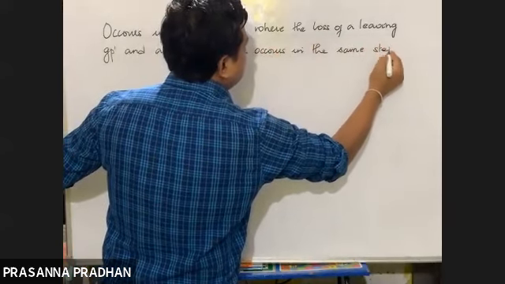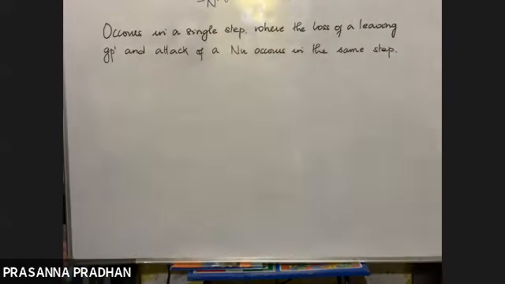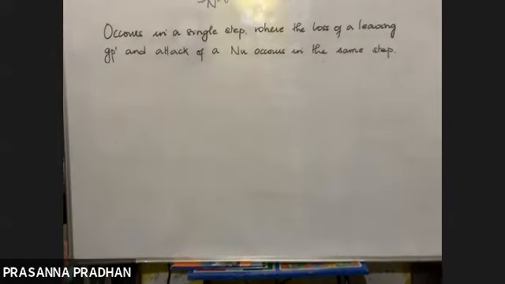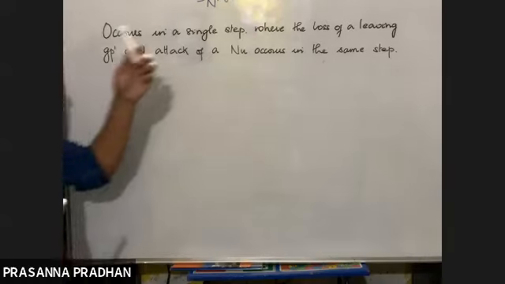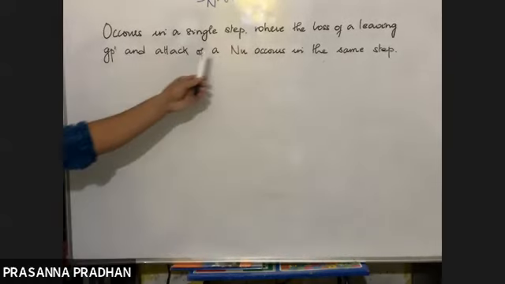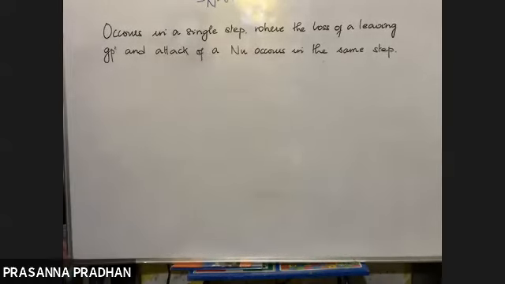That means it is a single step reaction. Unlike SN1, which occurs in two steps, the SN2 reaction occurs in a single step, and in this single step, loss of the leaving group and attack of the nucleophile occur in the same step.